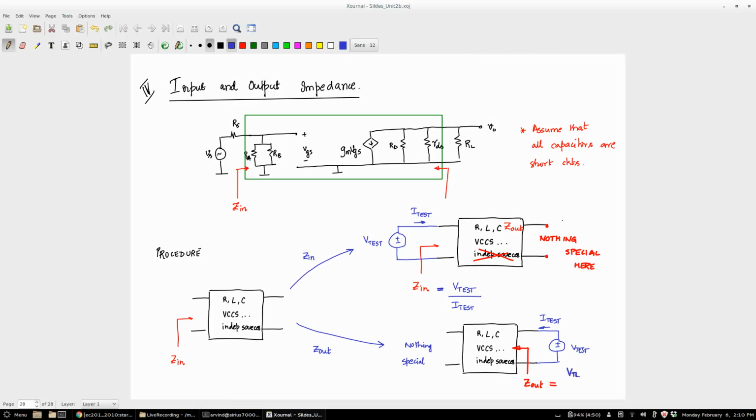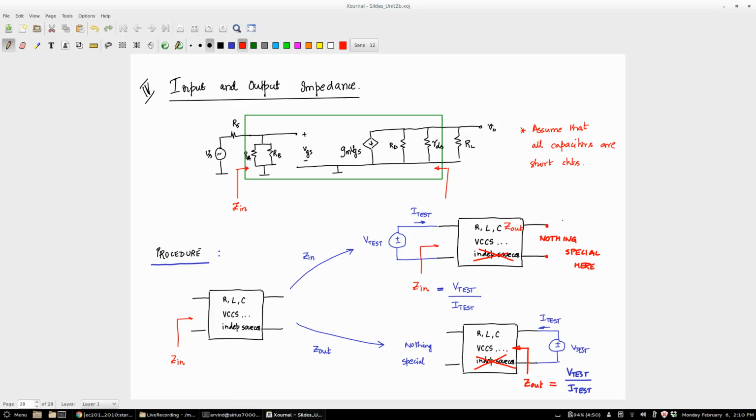Now, nothing special here. And if I am going to say this is my Z out, then Z out is nothing but V test divided by I test. Correct? So that is your procedure.